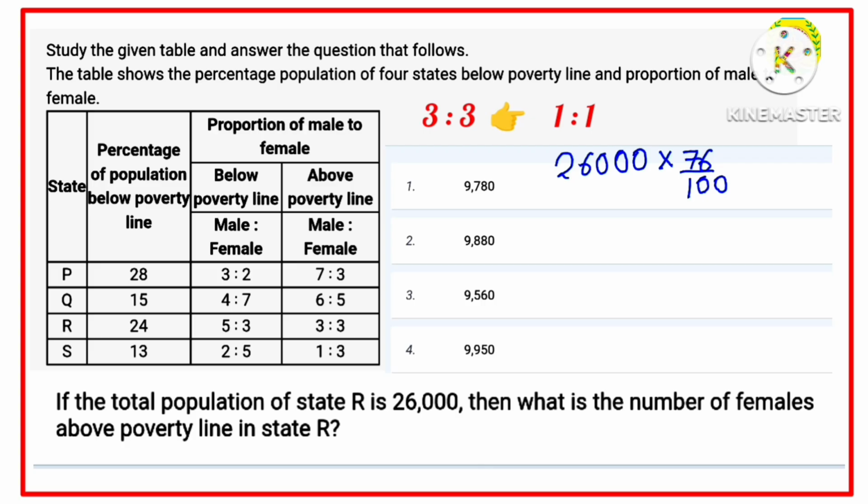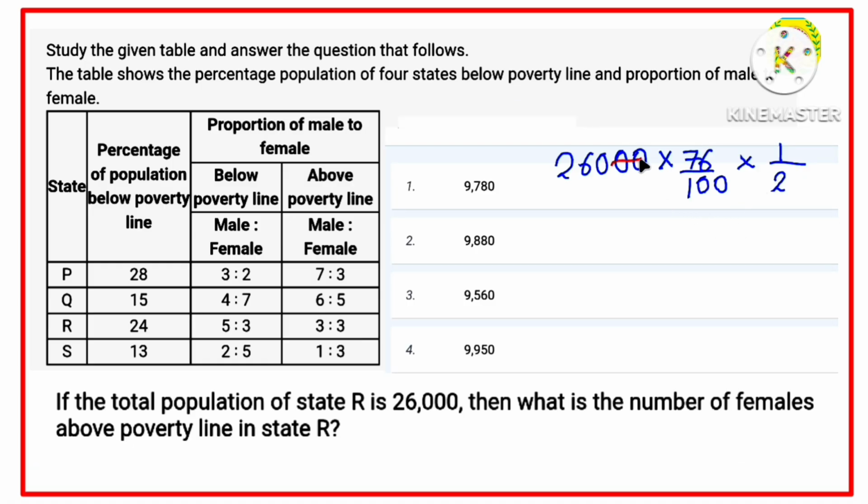That means if one male is there, then one female will be there above poverty line. So you are asked to find the number of females, so you will multiply the ratio of female, that is 1, and divide by the total in the ratio, that is male plus female, 1 plus 1, which is 2. Now if you calculate, you will get your final answer.